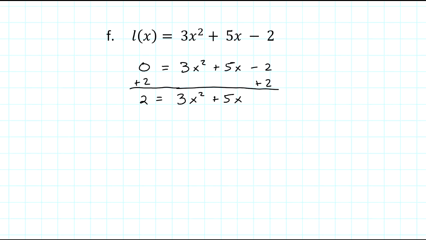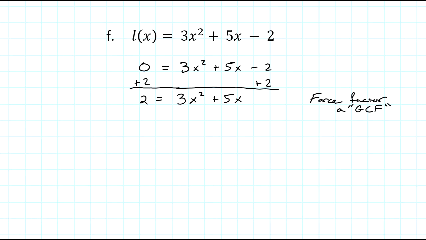Now we want to factor that 3 off that x squared, but now we're running into something a little bit more complicated here because 3 doesn't go into the 5. So what we do is this little thing called force factoring. It's not a whole number greatest common factor.